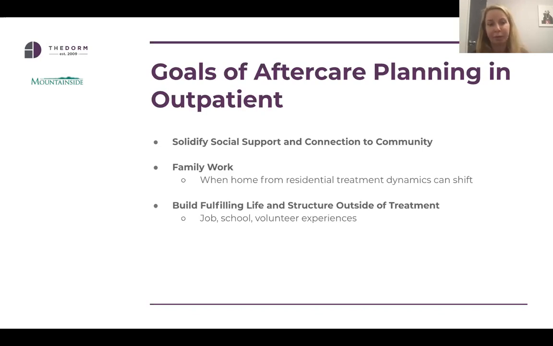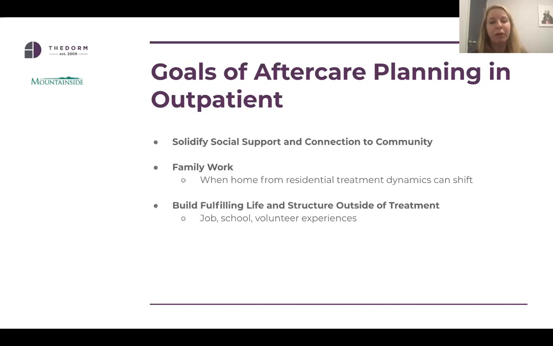Next is family work. When clients leave residential treatment and enter into outpatient treatment, the dynamics in the family system can shift. And as much as many of our parents and families love seeing their kids improve and stabilize in residential treatment, when they come back home, the natural tendency can be to fall into old patterns and to unwittingly create the perfect storms for symptoms to reemerge.